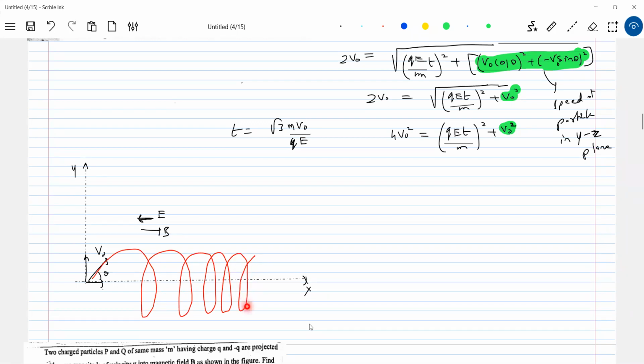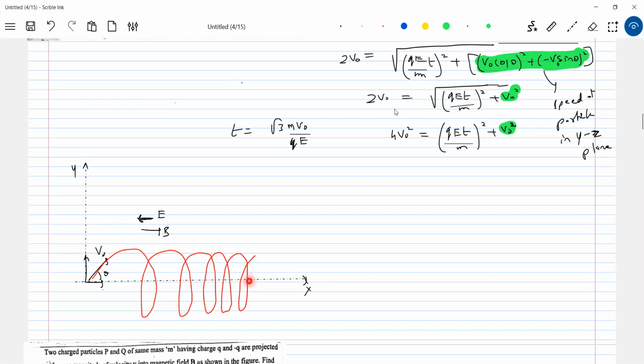If the x component of velocity becomes 0 somewhere here or here, not on the x-axis, it cannot retrace its path. They may test you with all these things. There are unlimited ways of asking questions. So how should the electric field be adjusted? The electric field should be so adjusted that the particle comes to rest on the x-axis. Then there's a possibility of retracing its path.